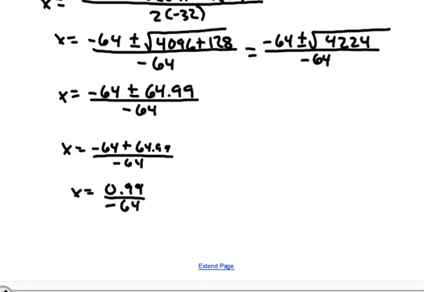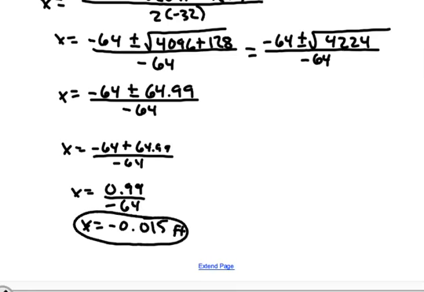We can type that in and get like negative 0.015. But this answer is negative, and this would be in feet. Or sorry, this would be in seconds. This is how many seconds until the ball hits the ground. But that doesn't make any sense. The ball is going to hit the ground negative 0.015 seconds before it hits the ground.